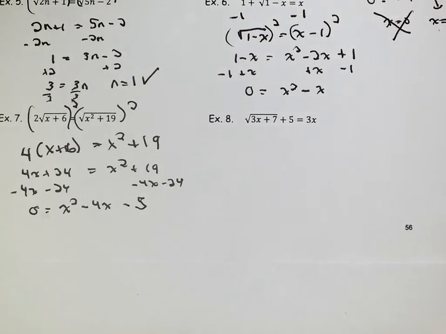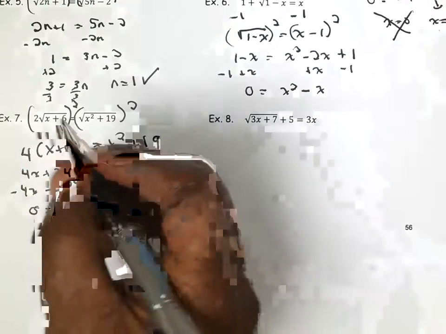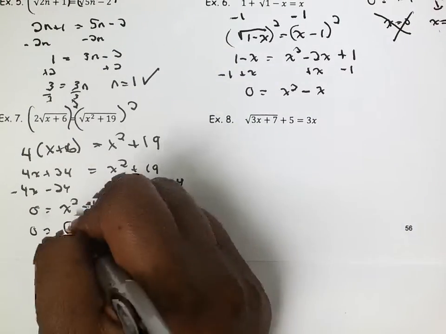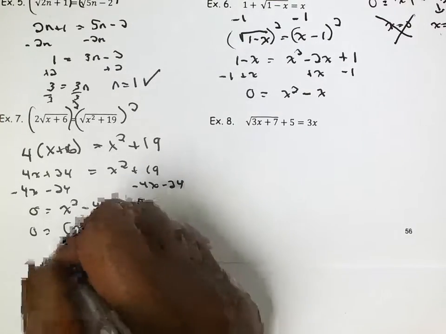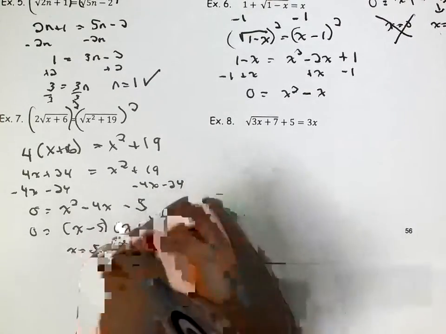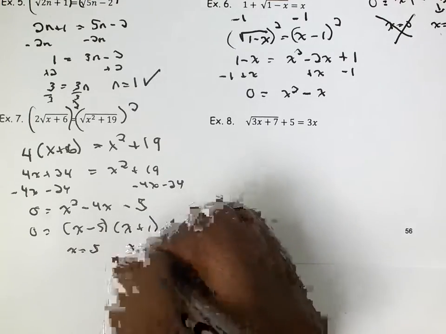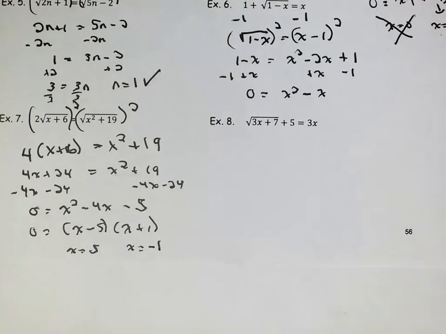And now I can factor that. So x minus 5, x plus 1. So one solution is going to give me a 5 because when you set that equal to 0. And then when you set the other one, the x plus 1, equal to 0, you get a solution of negative 1. So I got to check.